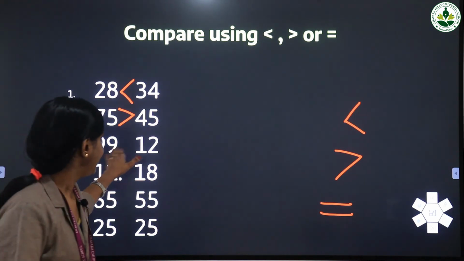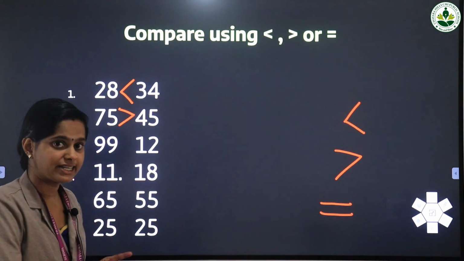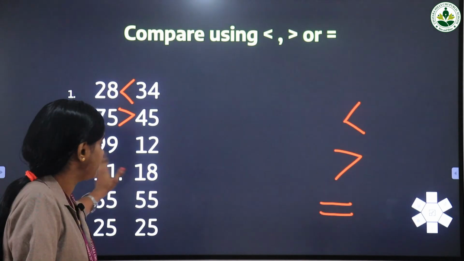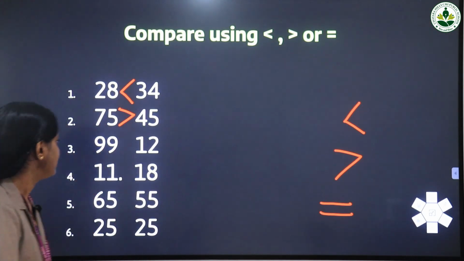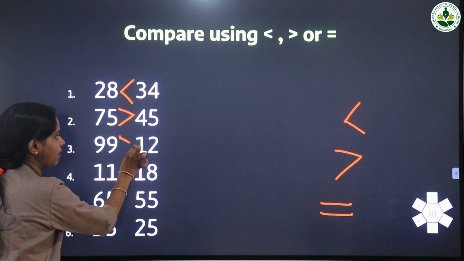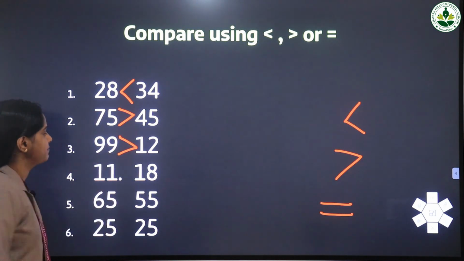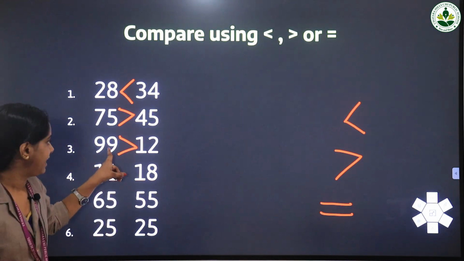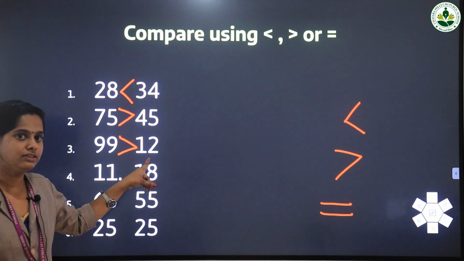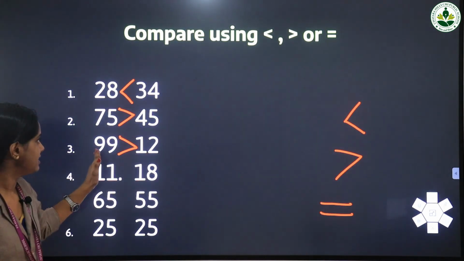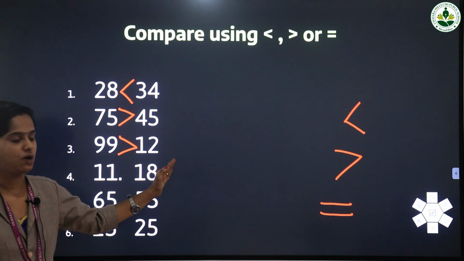Next 99 and 12. Which is the greatest number? 99 or 12? Yes, 99. So we place the open mouth towards the greatest number. This is read as 99 greater than 12.